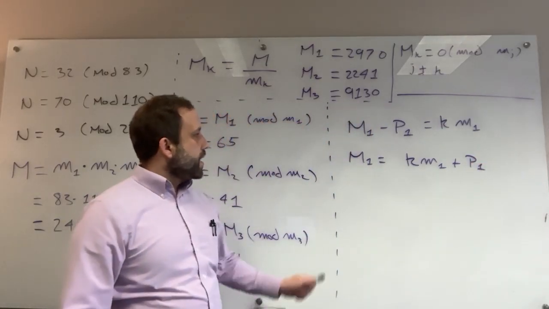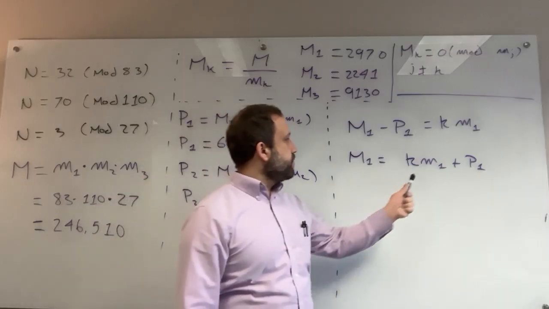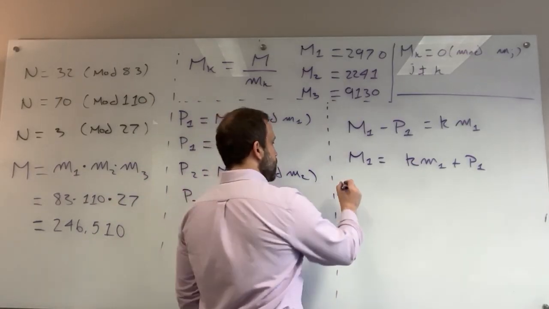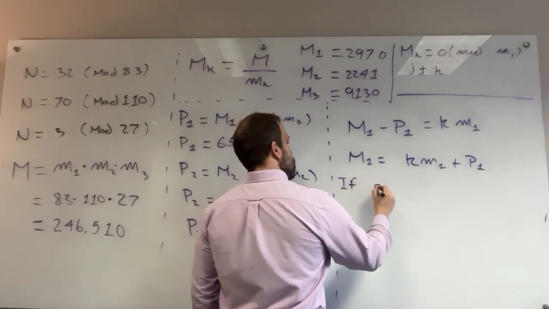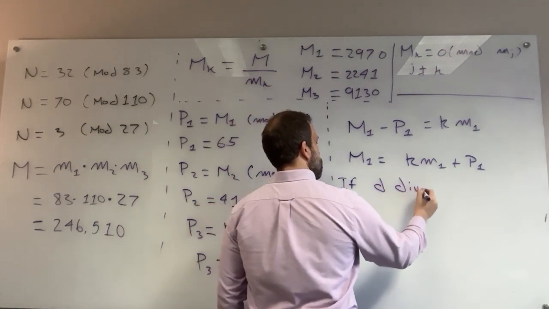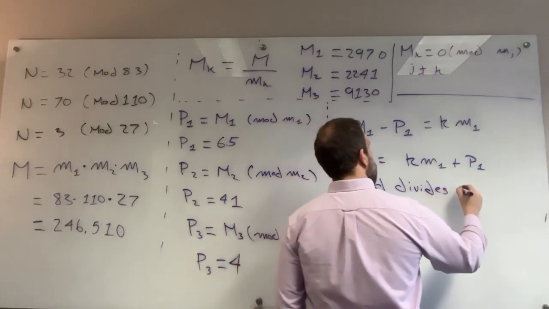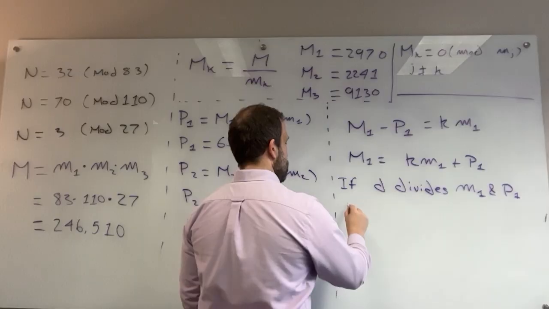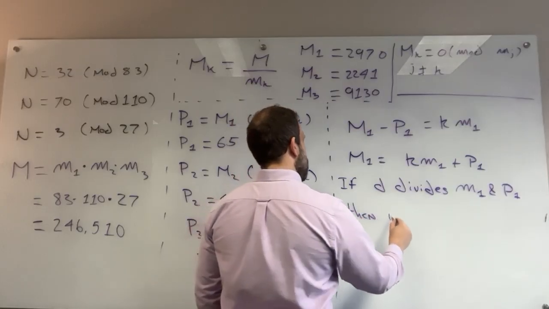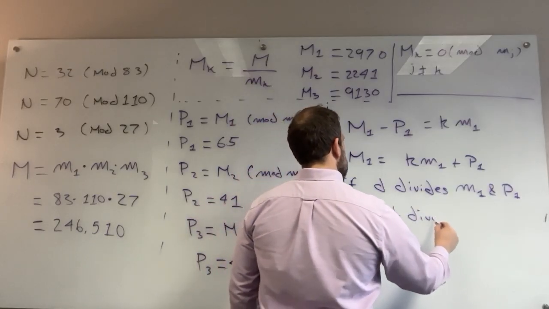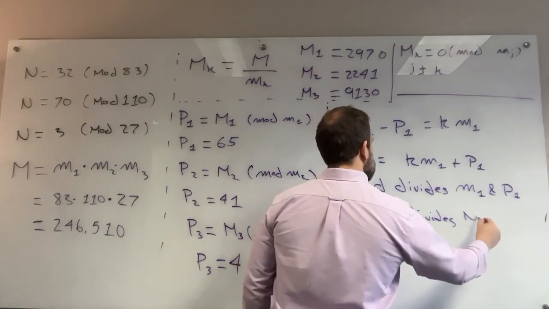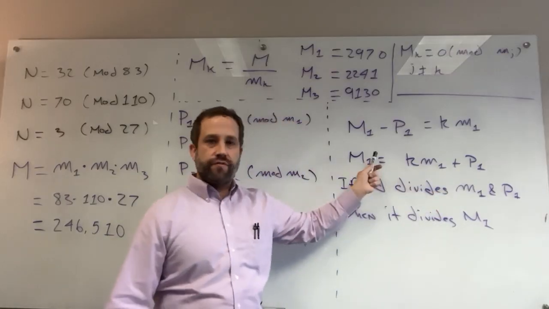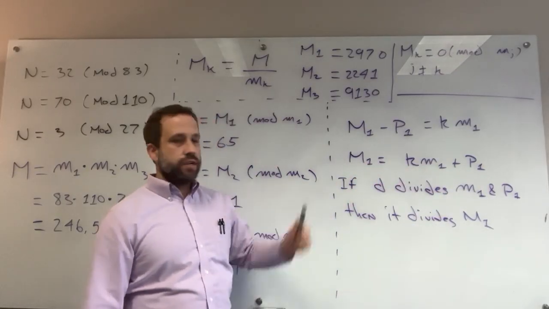Now notice, if we have a number D that divides little m1 and P1, then it divides big M1. If I can factor out a D from here and factor out a D from there and have that be an integer, then it's also going to divide M1.